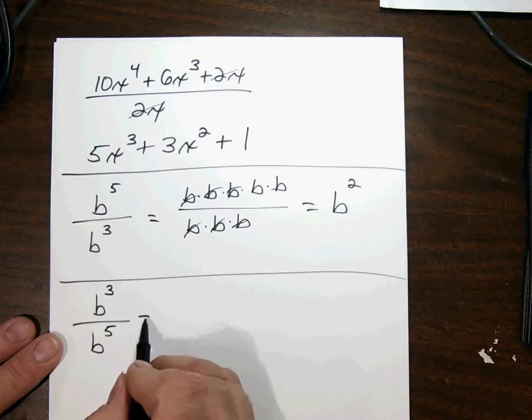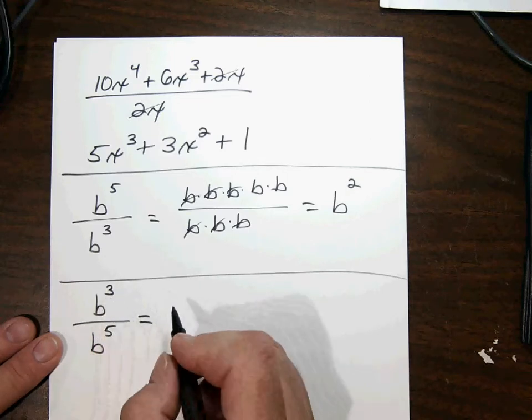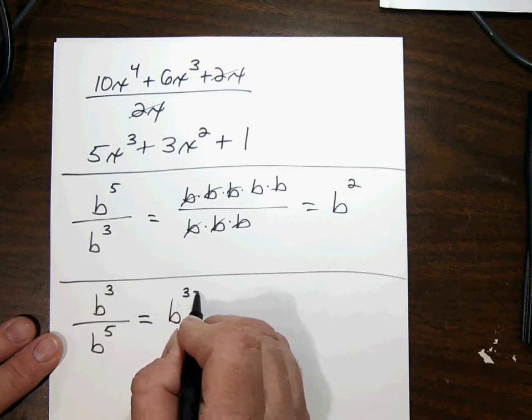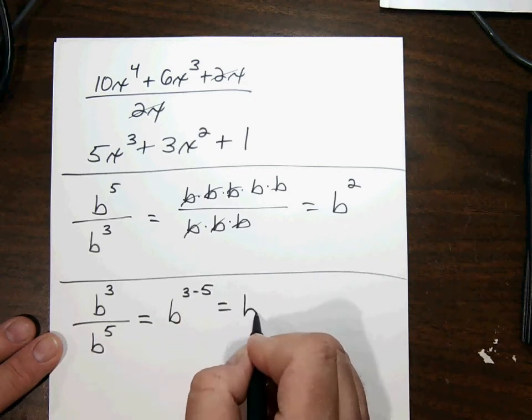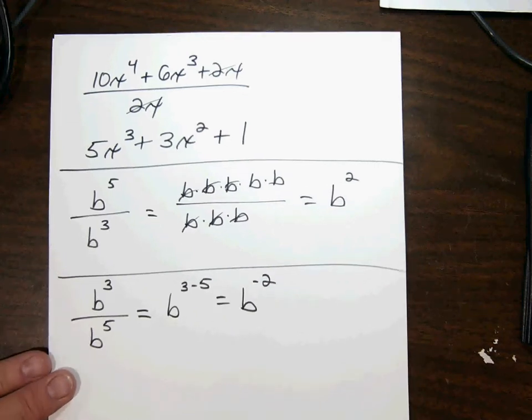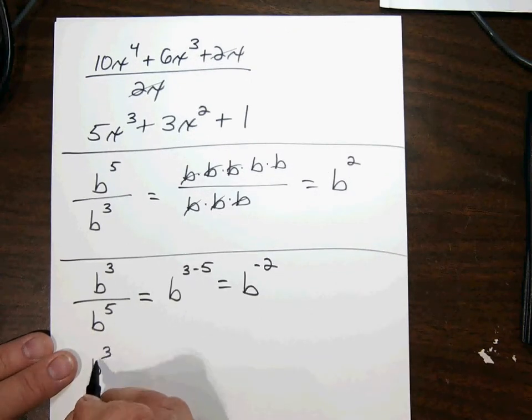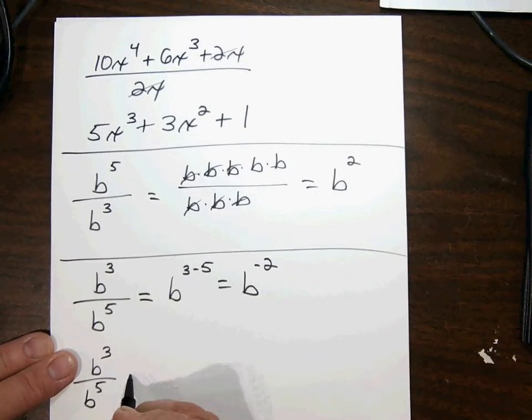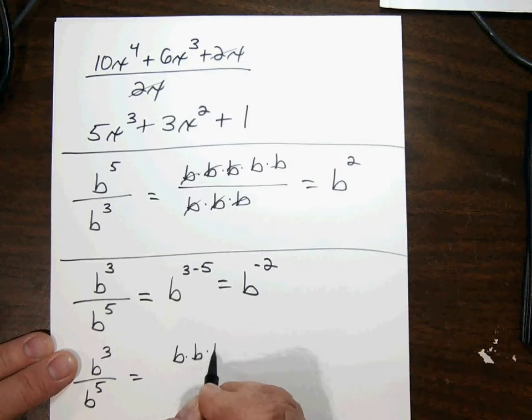Well, I'm supposed to subtract the exponents, right? So that's b to the 3 minus 5. That's going to be b to the negative 2 power, isn't it? Huh. What do you know about that? Negative exponent. If I wrote it out, I've got 3 b's on the top, and I've got 5 b's on the bottom.